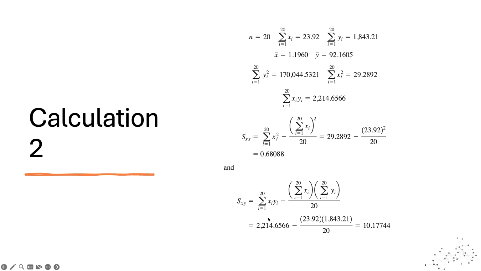So using this data, we can calculate the mean value of X and the mean value of Y. Also, we can calculate the squares of the Y variables and the X variables, given 20 data points.